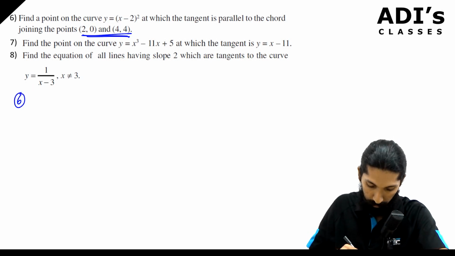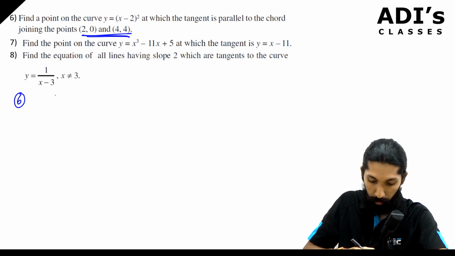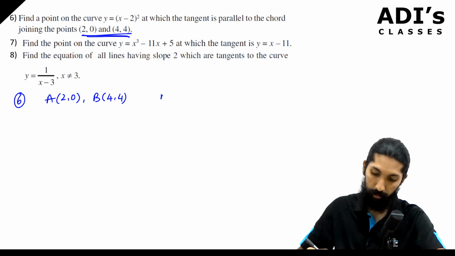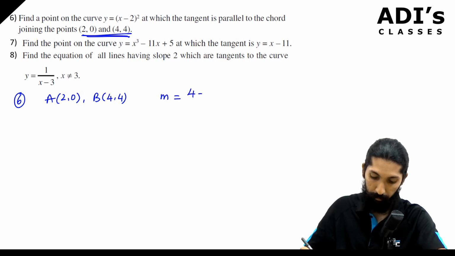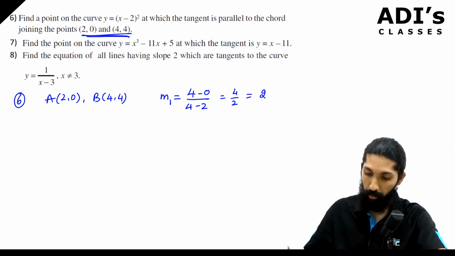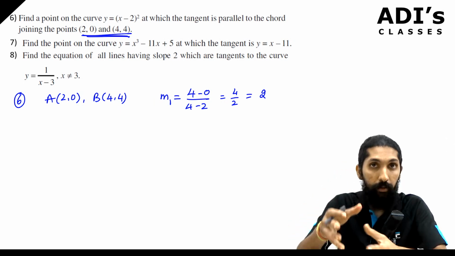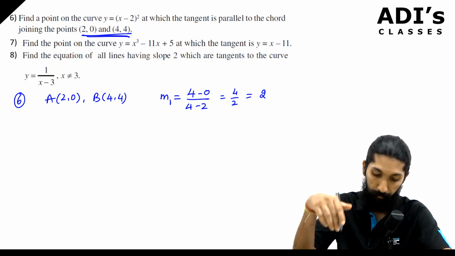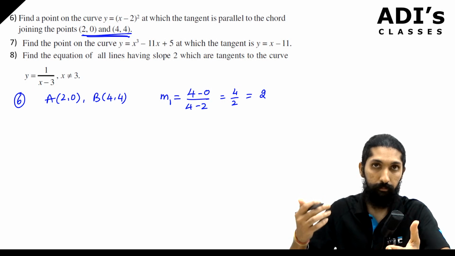For the sixth one, the 2 points, let's call it A 2 comma 0, B 4 comma 4. So the slope between them is 4 minus 0 divided by 4 minus 2, 4 by 2, which is equal to 2, right? So call this as M1. Now the derivative of our function should have a slope of 2, correct? Because they're parallel, isn't it?